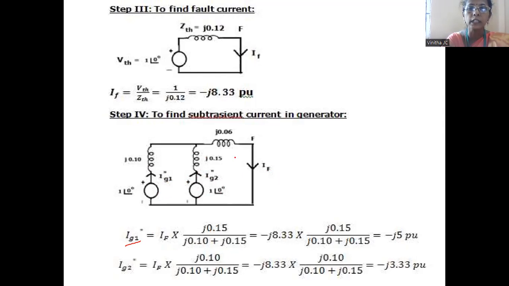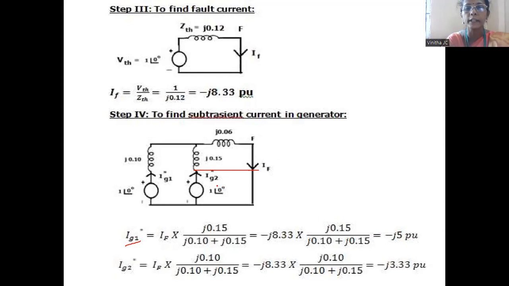So what is the total current in the circuit? It is IF. So IF into what is the opposite resistance? Since we are calculating IG1, its opposite resistance is J0.15 divided by total resistance J0.1 plus J0.15. So if you substitute the value for IF and calculate, the value of IG1 double dash is equal to J5 per unit.